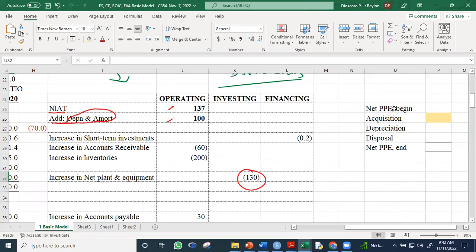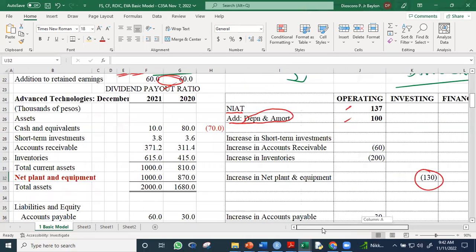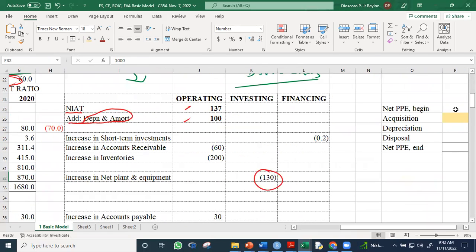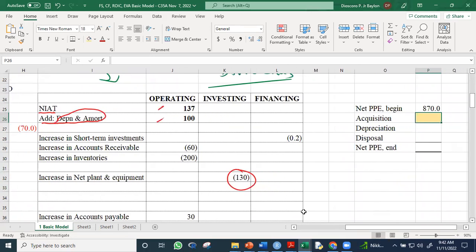We have net PPE beginning. Net PPE beginning is 870. And we also know net PPE end at 1,000. So let's fill this up. Net PPE beginning is 870. Acquisition, we don't know. This is what we want to solve. Depreciation is to be subtracted, right?